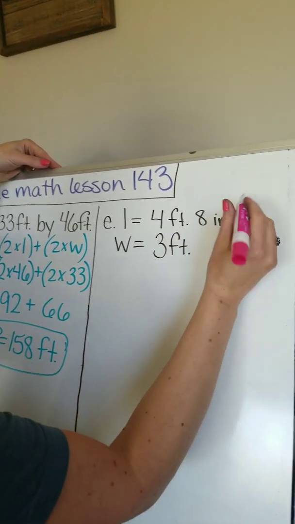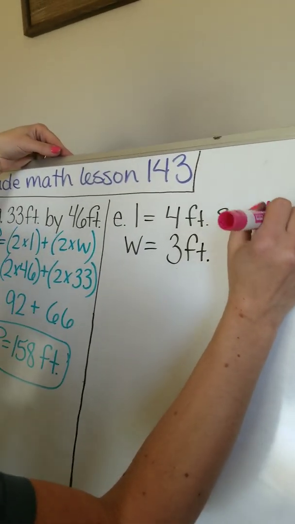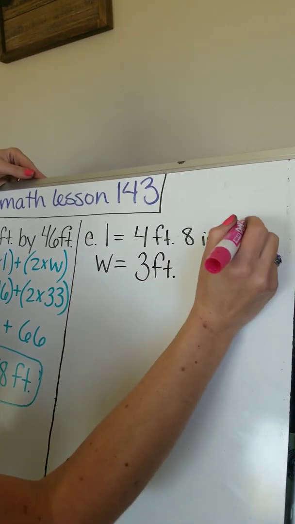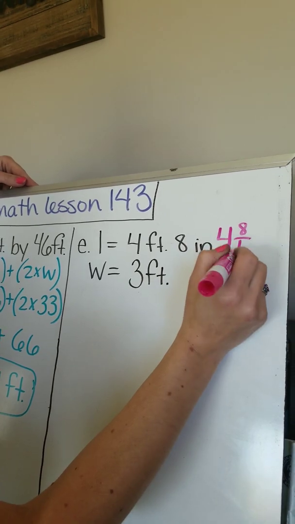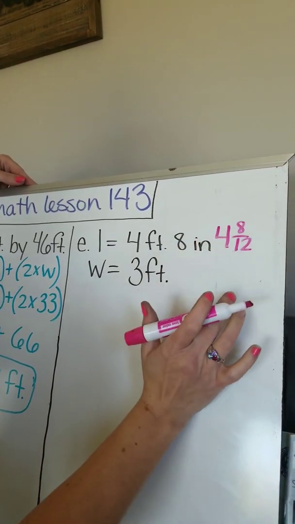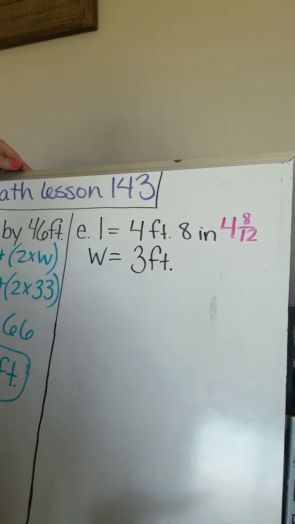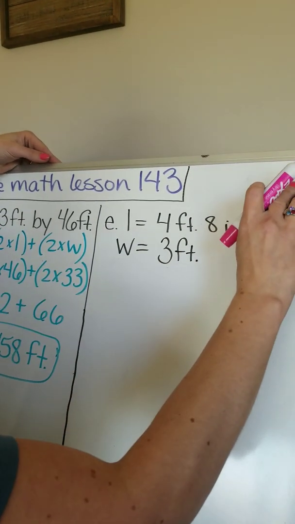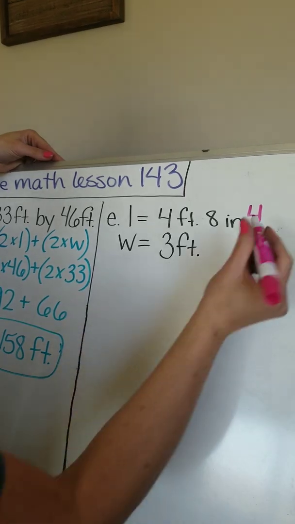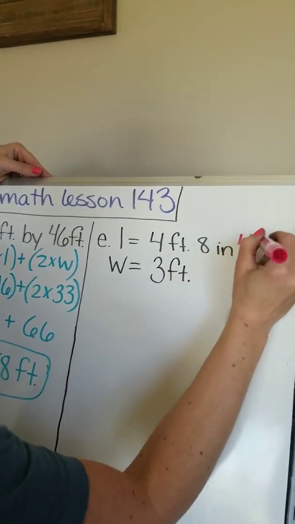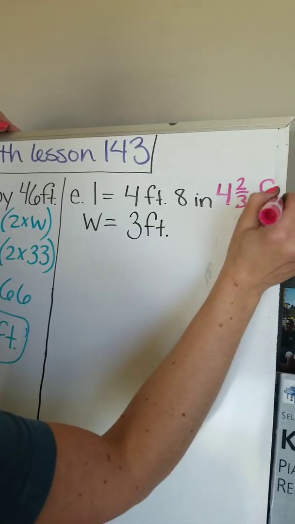So I'm keeping my 4 feet, and then it's going to be 8 inches over 12 inches. And then I'm gonna reduce and rewrite it. So divide by 4 on top and bottom, it would be 2/3. So it's gonna be 4 2/3. And thankfully, we don't have to do anything down here. So 4 2/3 feet.